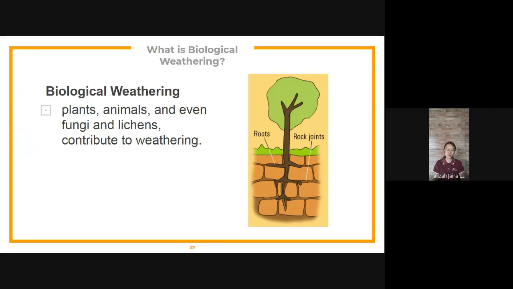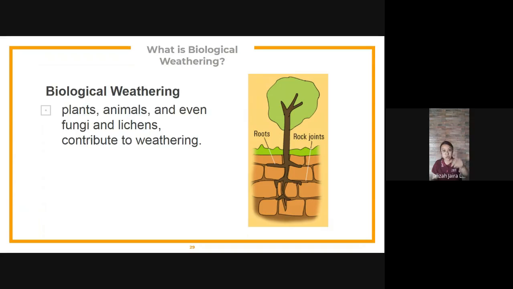Now, biological weathering, it's a bit of a combination of both physical and chemical weathering. But the thing that makes it unique is that the cause of the change is a living thing. But the appearance of the weathering can exhibit a likeness to both physical and chemical weathering.